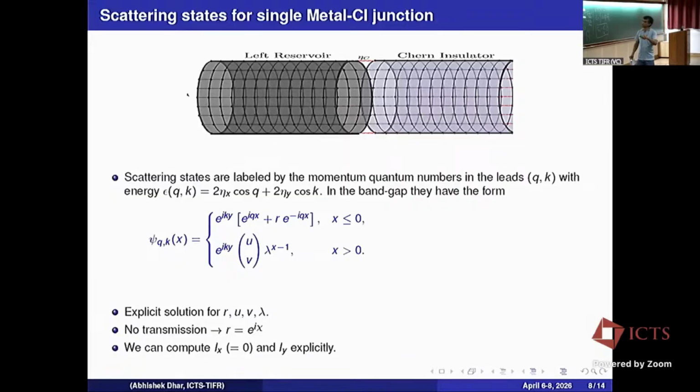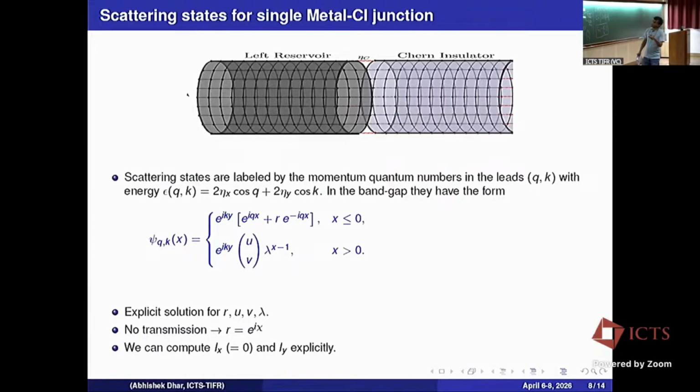This is the wave function in the insulator. This is a simple 1D problem, so you can explicitly solve the scattering problem and find these coefficients. In particular, since there's no transmission, the modulus of R has to be 1, so it's a pure phase, e to the power i chi.